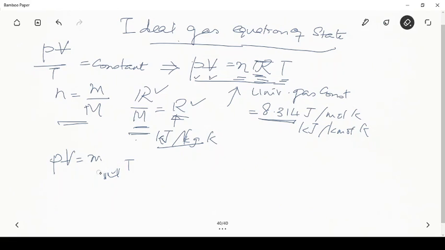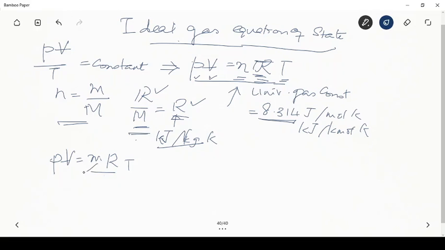Earlier I was writing on my touch screen directly with my hand, and that had one kind of control, and now I'm using a tablet device, and so I'm having a slightly different feel. So this is m into R into T, where this R is the mass-based gas constant. This expression is what we call the equation of state in terms of mass.